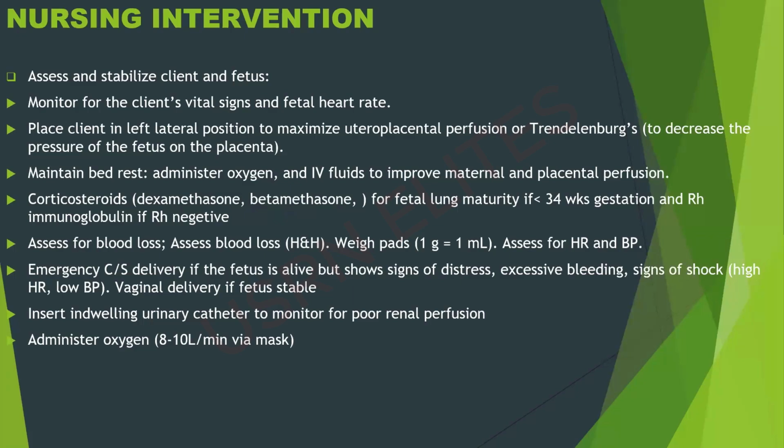I want to know where you draw the line, that okay, this is where I'm not going to give the corticosteroids. Because if it's for the maturity of the fetus, and the baby is preterm as well, I don't understand why you don't give the corticosteroids. If you can elaborate further on that. Do you get my question?